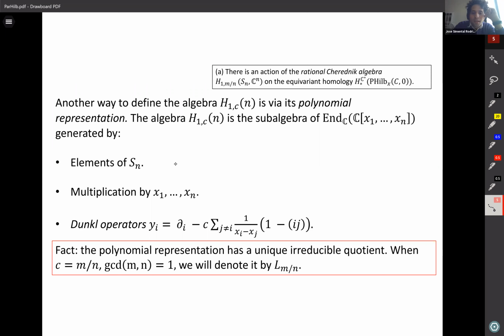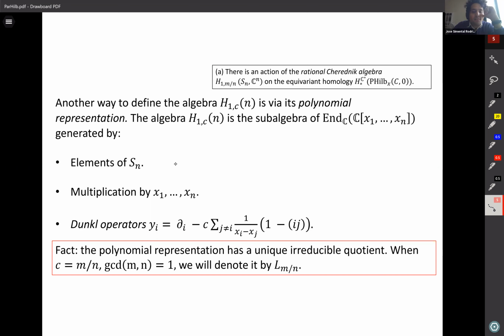This polynomial representation most of the time is irreducible, but it always has a unique irreducible quotient, which is what my equivariant homology will be at the end.